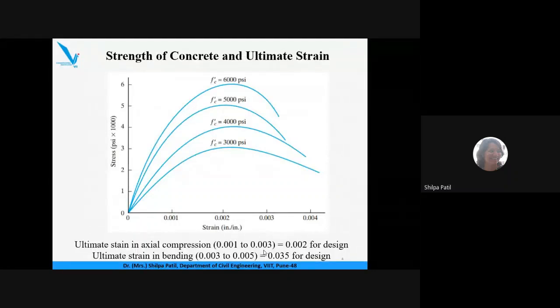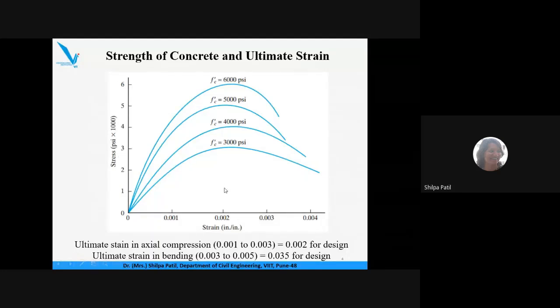If you observe, for different grades of concrete, these are the characteristic strength values written in psi. This is the characteristic strength of the first grade of concrete, which is around 3000 psi. Then next is 4000, 5000, 6000. I just want to discuss how the strength of concrete has an effect on its stress strain curve.